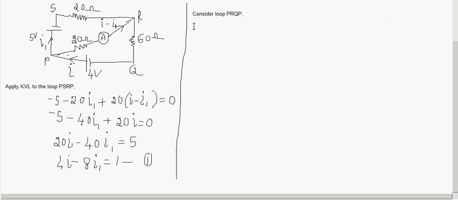So it will be minus 20 into (I minus I1), then the current through the 60 ohm is I, so minus 60I, and then we have the 4-volt battery, so plus 4 equal to 0.